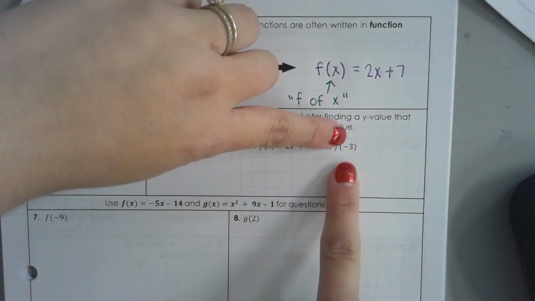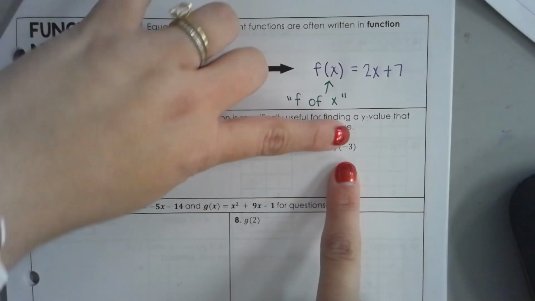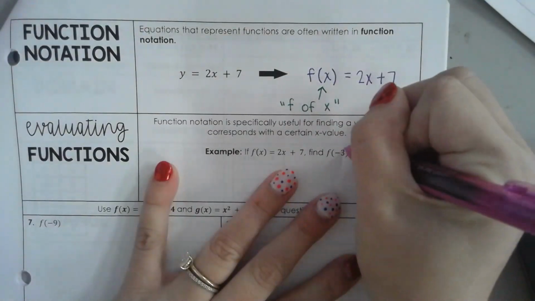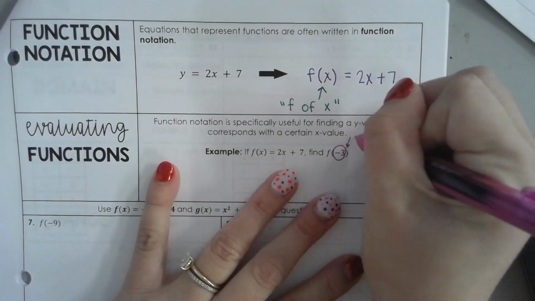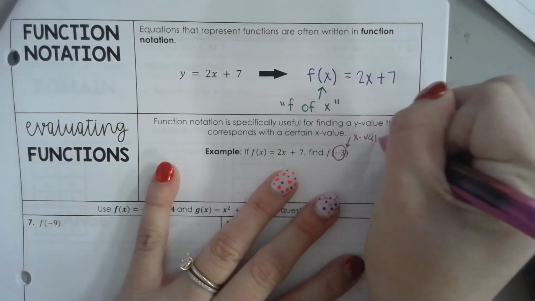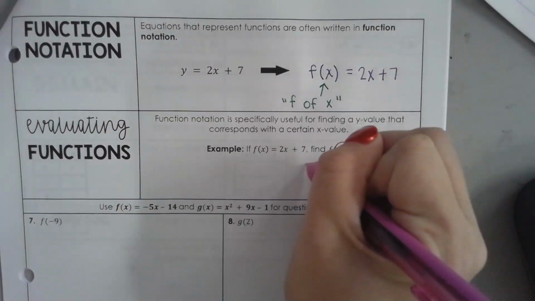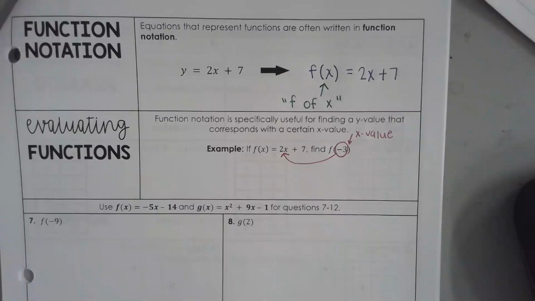It's saying find f of negative 3. The number that's in parentheses, this is your x value. If it's in parentheses, it's your x. And so what we're going to do is plug that x into the equation where there's an x.